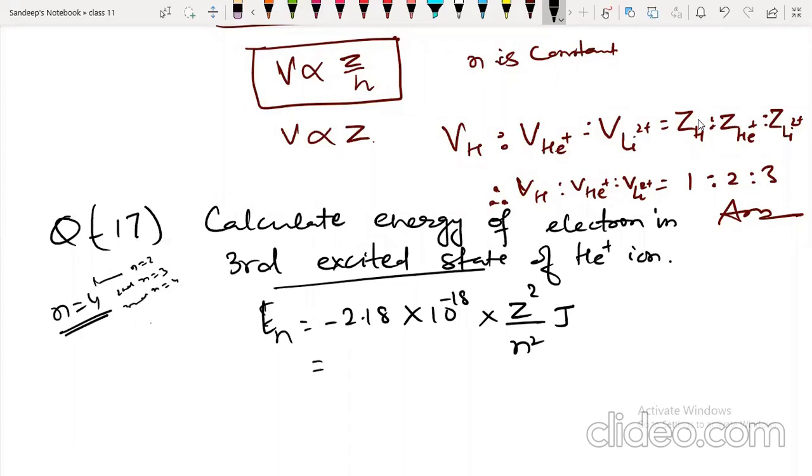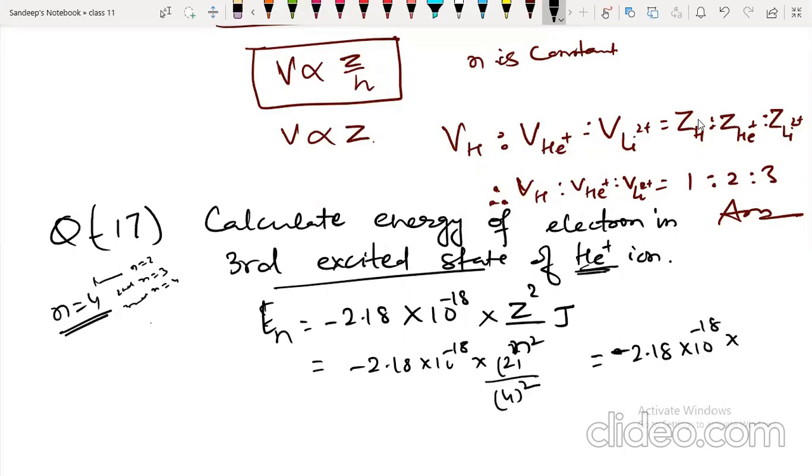So put minus 2.18 into 10 to the power minus 18. Z for helium is 2, so 2 square is 4, and 4 square is 16, so it is 1 by 4. So divide this and you will get the answer in joule.